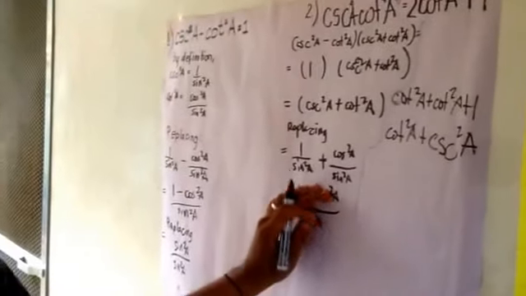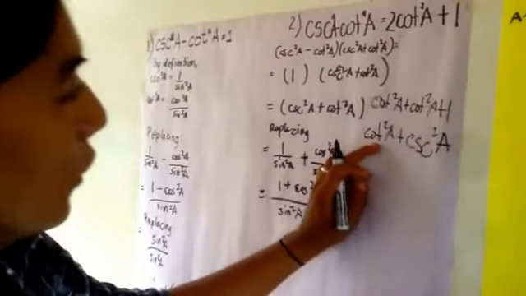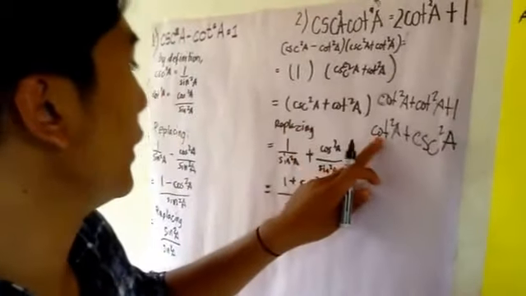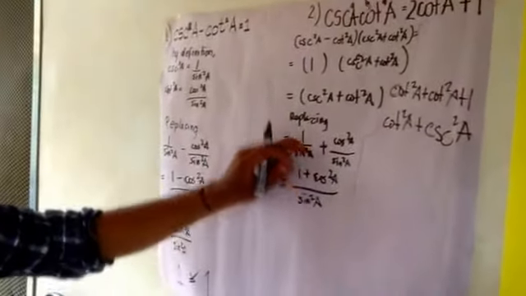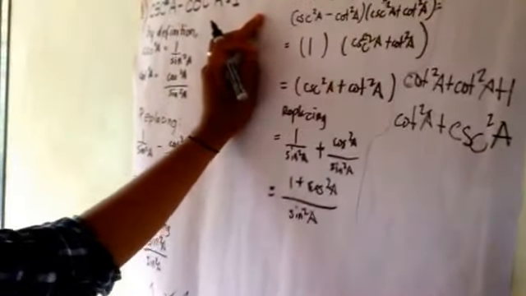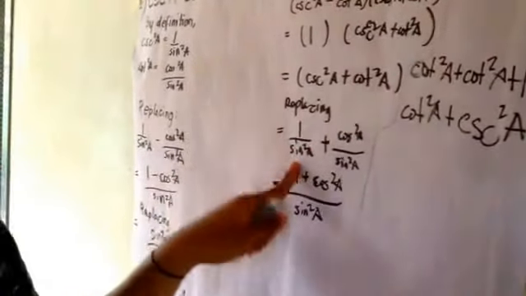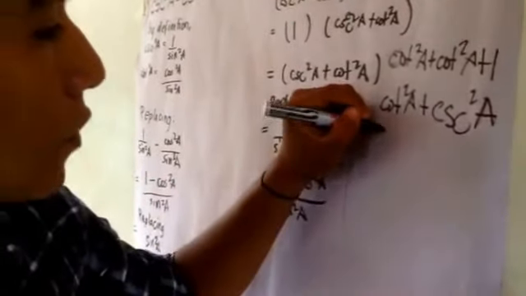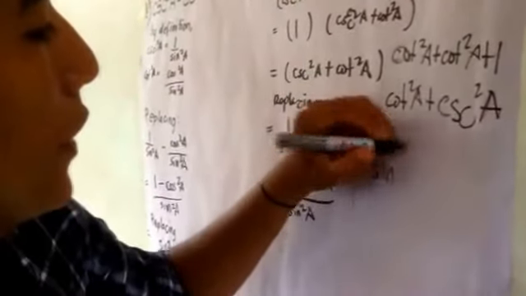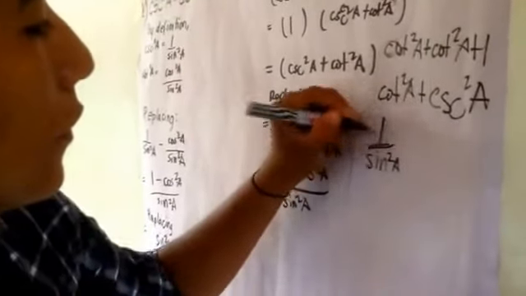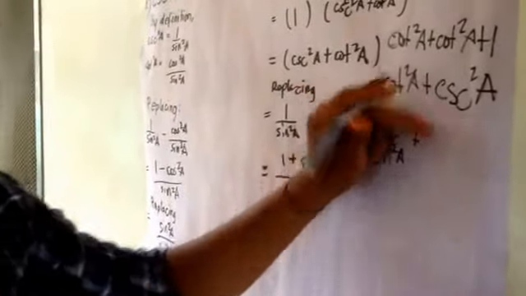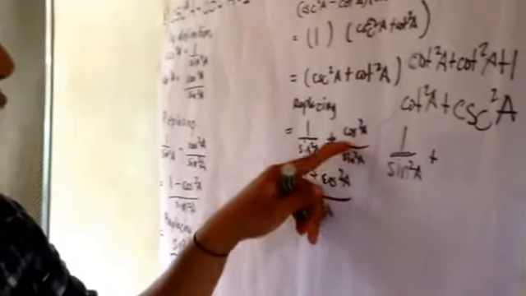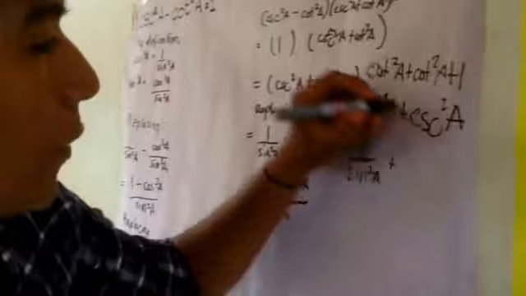And by definition, csc squared A is equal to 1 over sine squared A, and cot squared A is equal to cos squared A all over sine squared A. So we replace.